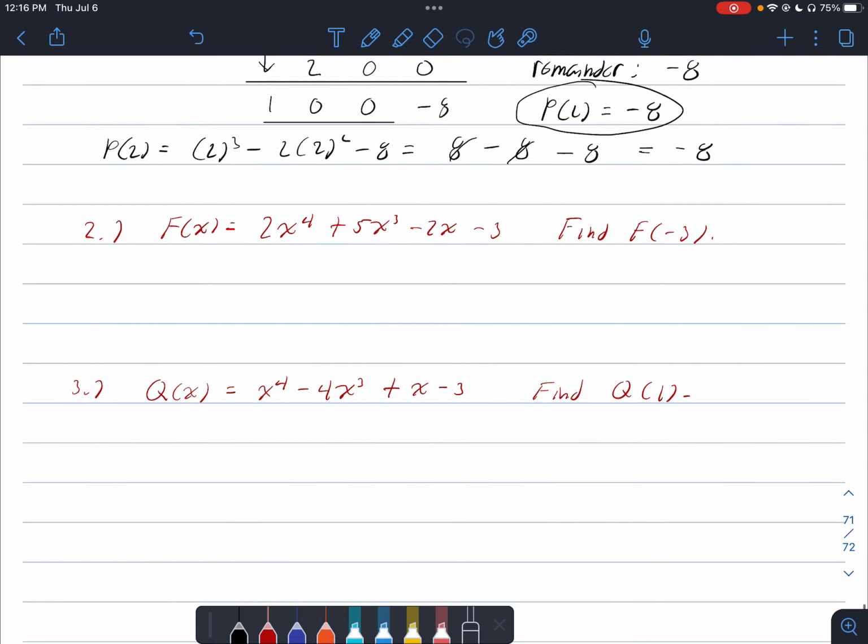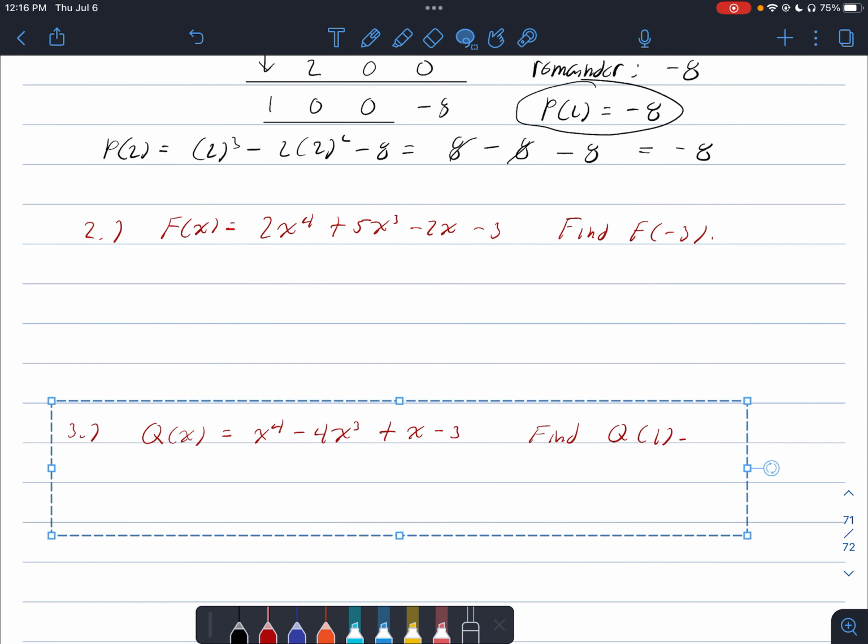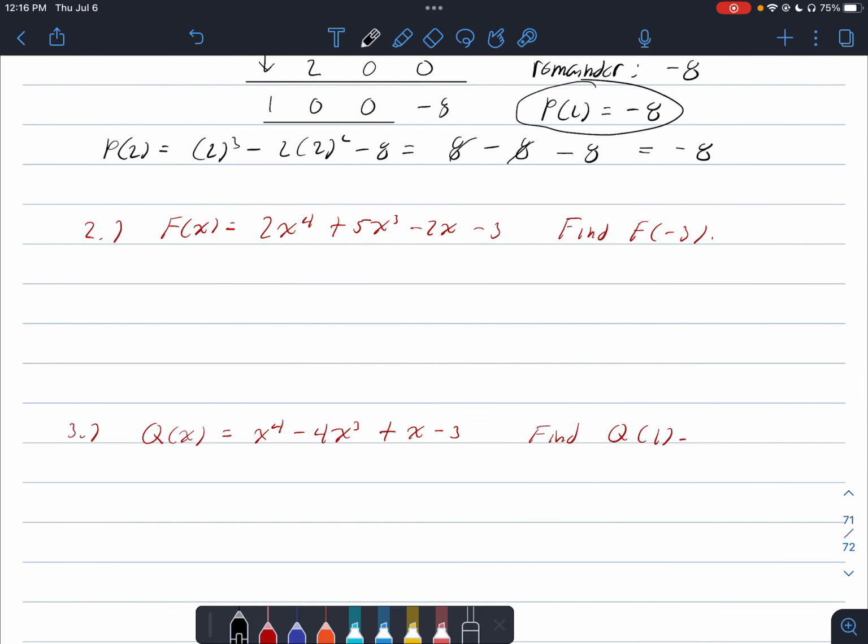All right, so let's take a look at another one here. We have f of x is equal to 2x to the fourth plus 5x to the third minus 2x minus 3, and we want to find f of negative 3. So we want to divide f of x by x minus a negative 3.